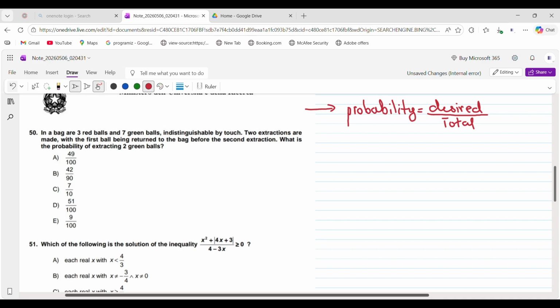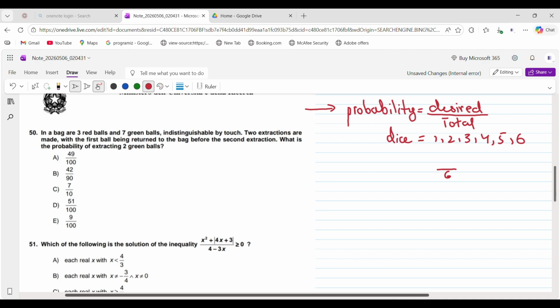For instance, if you have a dice basically, okay, in the dice how many total numbers do we have? That is 6. Okay, you can either get 1, 2, 3, 4, 5 or 6. So basically total number what you have is 6. I can ask you what is the probability if I roll a dice and I get 3 from it.